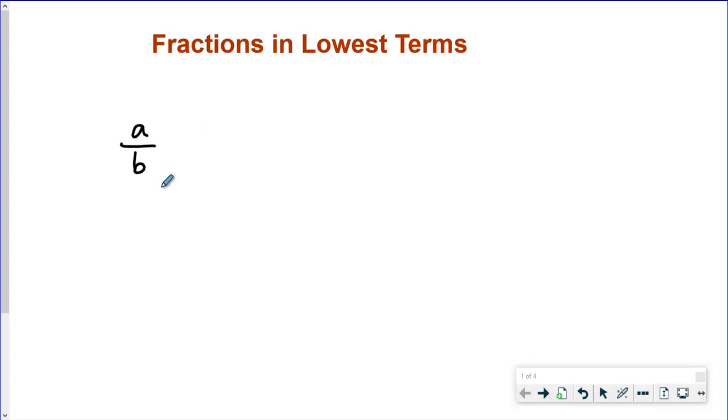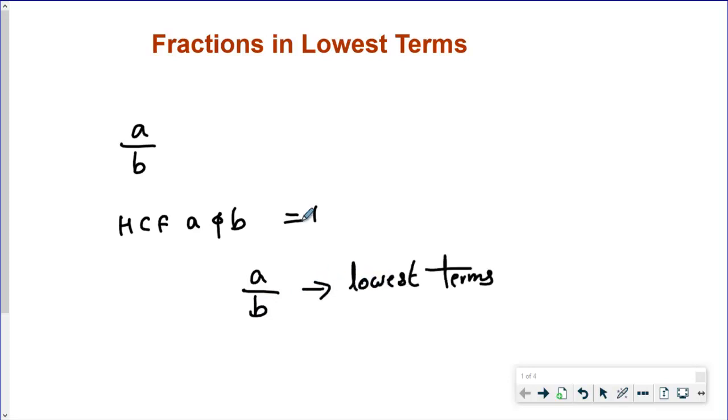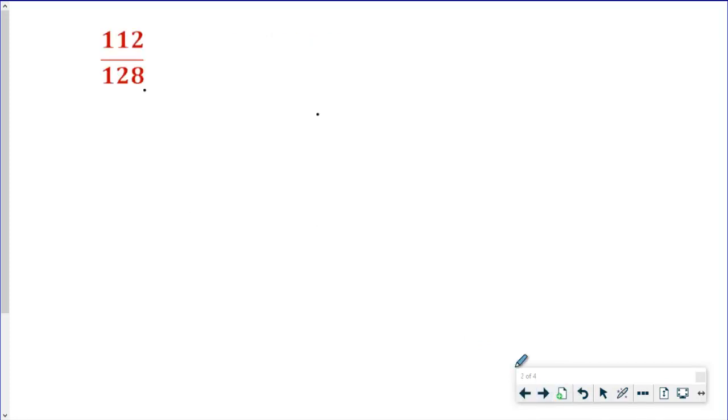If the common factor between a and b, that is, the highest common factor (HCF) between numerator and denominator, is equal to 1, then we can say that this fraction is in its lowest term. If the fraction is not in its lowest term, we can reduce it to the lowest term. Now we are going to see how to reduce fractions to their lowest term.